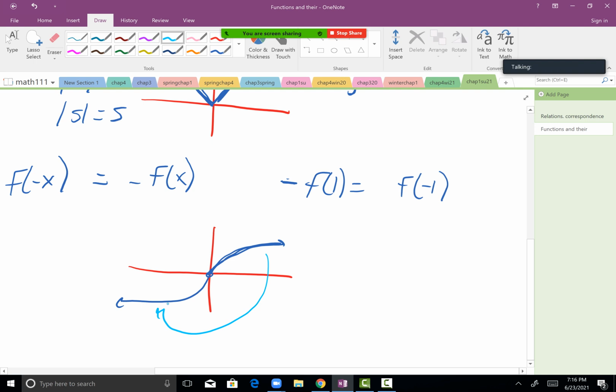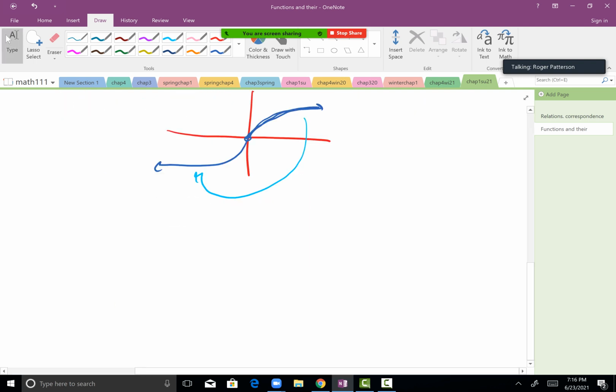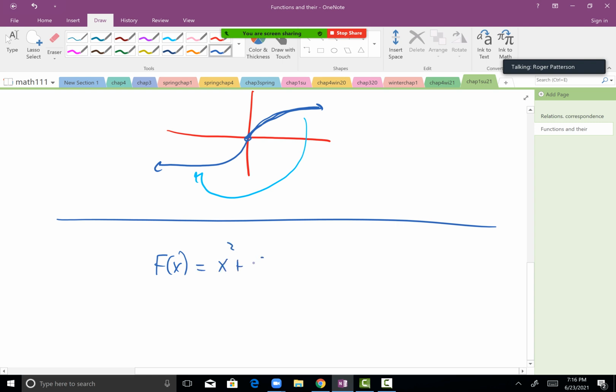All right. So is there a surefire way of doing it? Let's say you have f of x equals x squared plus 5. We see that that's x squared plus 5 for f of x, but what is it when x is negative?